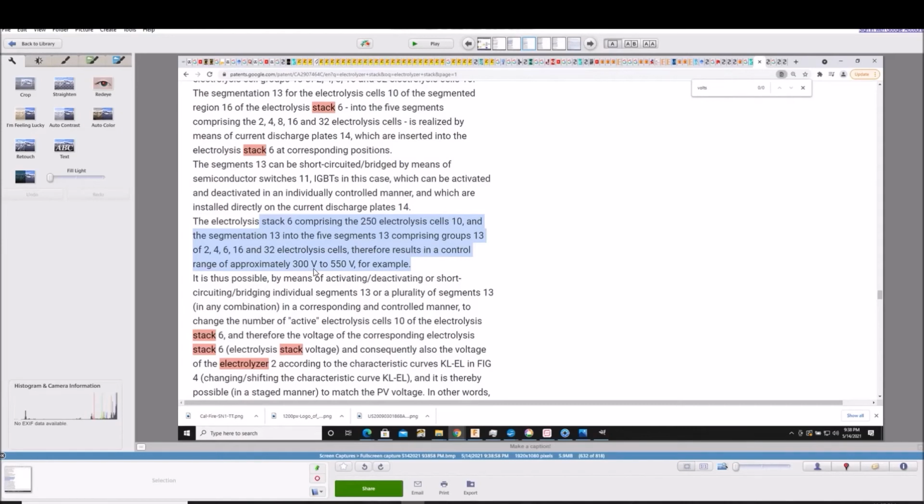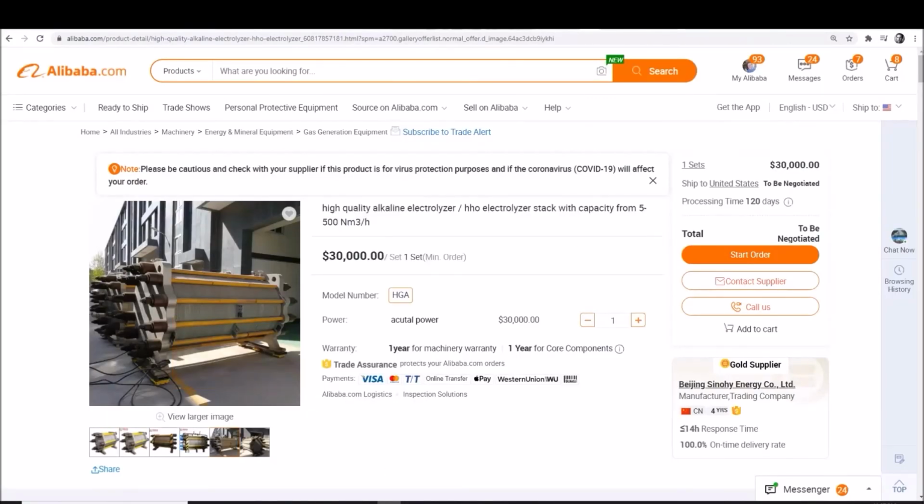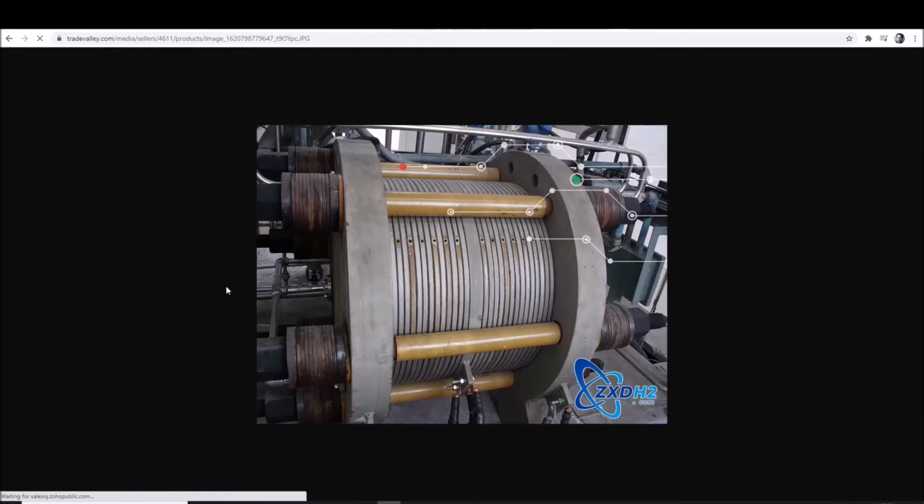I mean, most electrolyzers on the market right now are operating between those voltage ranges. It's just not practical to provide it, because it's possible you could have a positive coming in and a negative coming in on each of these cells, but you'd have to have 2 volts or 1.7 volts, and that just wouldn't be practical.